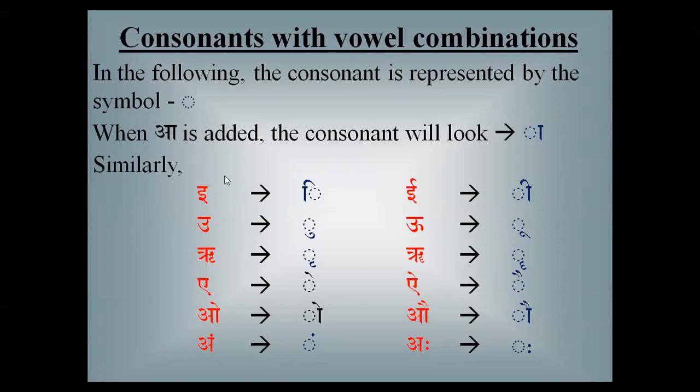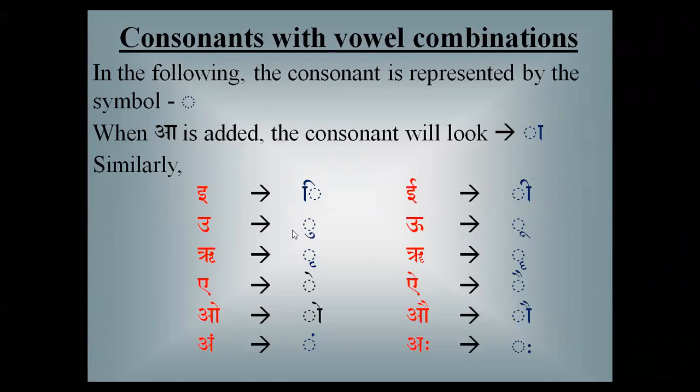And similarly, when the vowel e is added, then the resultant letter will be represented by the vowel sign of the corresponding vowel e. What is that? It is a stroke to the left of the consonant plus a stroke at the top. Similarly, the vowel E, when it is added to the consonant, is represented by a vertical stroke to the right of the consonant and a stroke at the top.